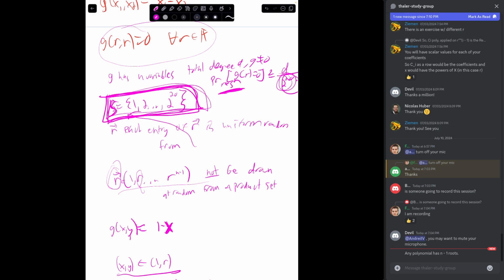Now, as to your question, what if your field is the Goldilocks field, and your S is even the whole field? The Goldilocks field has size about 2 to the 64, and you do get failure probabilities over the Goldilocks field of roughly 2 to the minus 64, which is not cryptographically low.